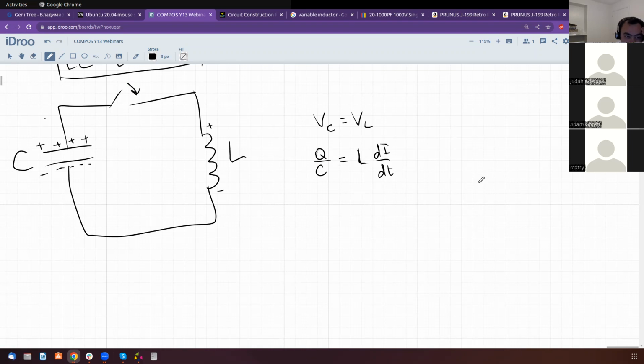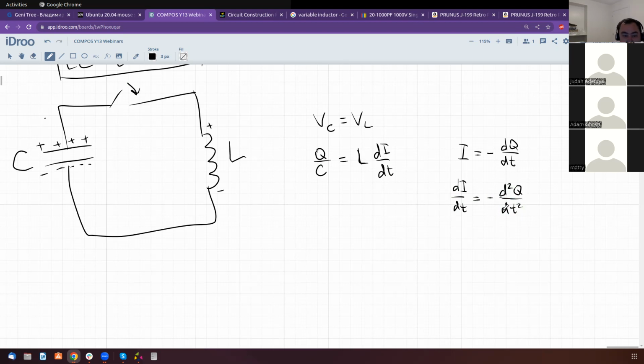Now, we know that the current is the rate of discharge of the capacitor. So current is minus dq over dt. That means di dt is the second derivative of the charge, so it's minus d squared q over dt squared.